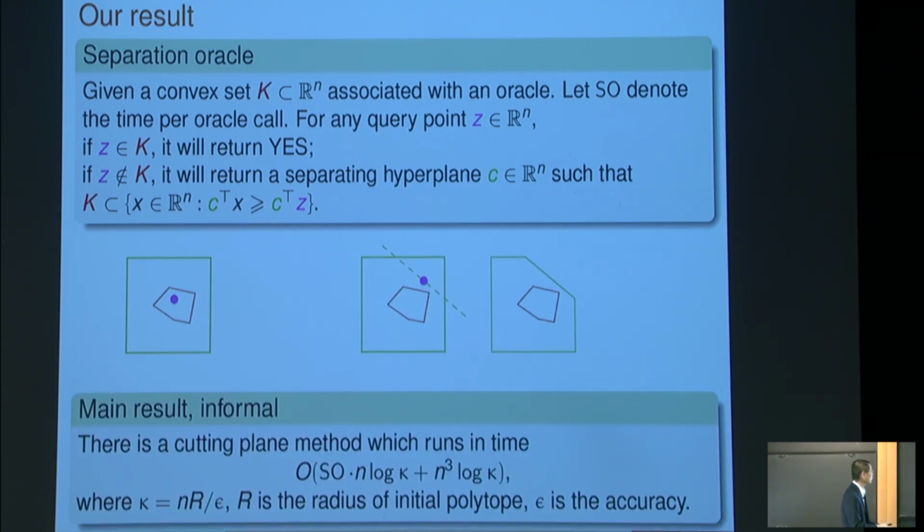So the main result is roughly the following. We can give a cutting plane algorithm. It runs in roughly n times log kappa oracle cost, and also plus n cube times log kappa time. The first term is necessary. You have to pay this n times log kappa number of iterations. And the second term, we believe log kappa is necessary.